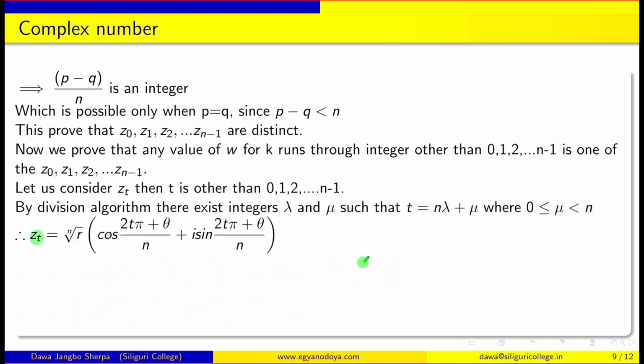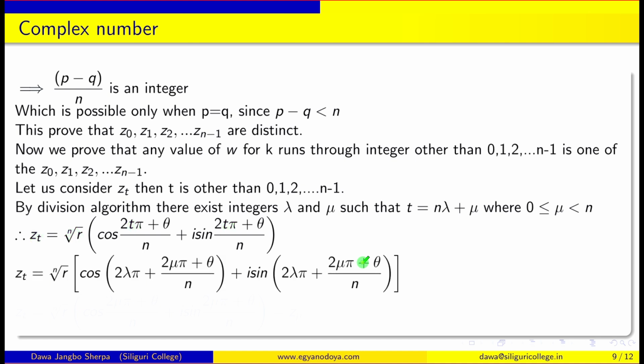So zt will be equal to the nth root of r times cos of (2t pi plus theta) by n plus i sin of (2t pi plus theta) by n. I'm putting t instead of k. T is n lambda plus mu, so if I put n lambda plus mu instead of t, we get this quantity, which is equal to cos of (2 mu pi plus theta) by n plus i sin of (2 mu pi plus theta) by n.